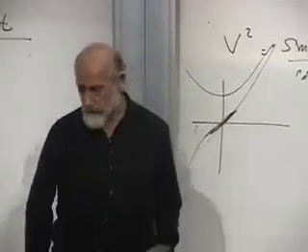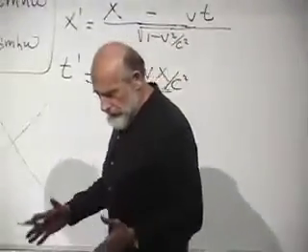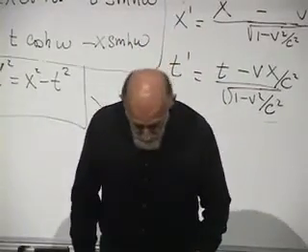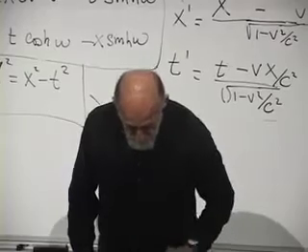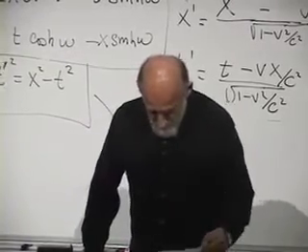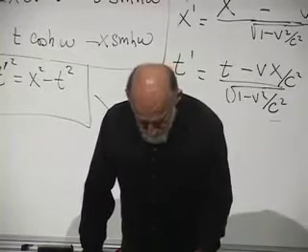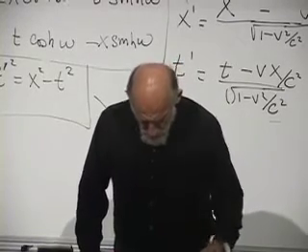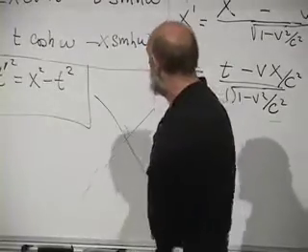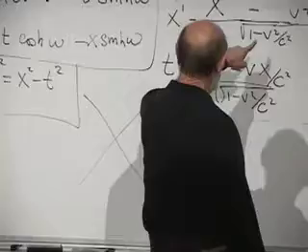Now that we've established the basic mathematical structure of the transformations, I think we should go back and talk about some simple relativity phenomena and derive them. One thing which is important: here are my Lorentz transformations.